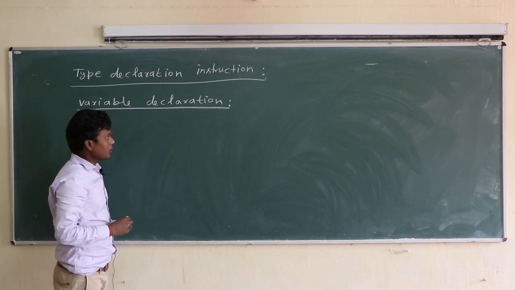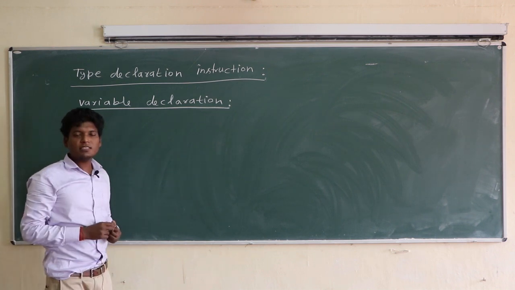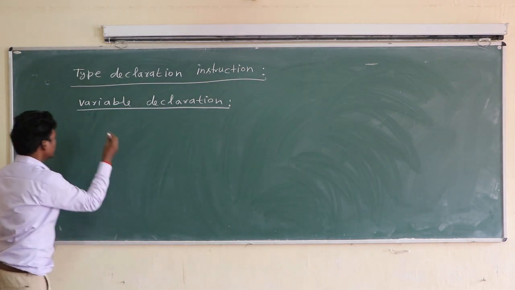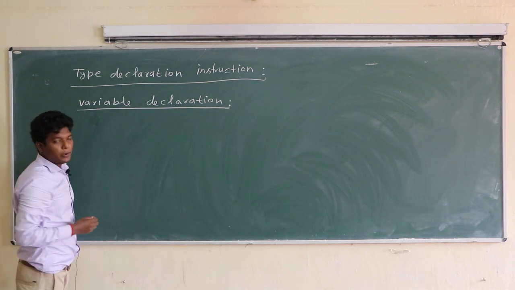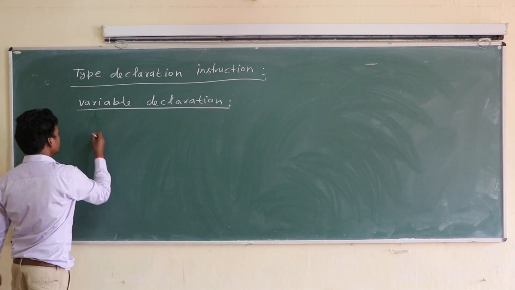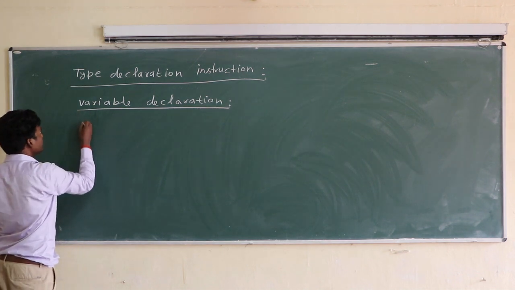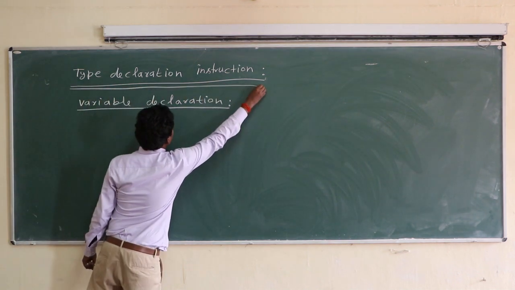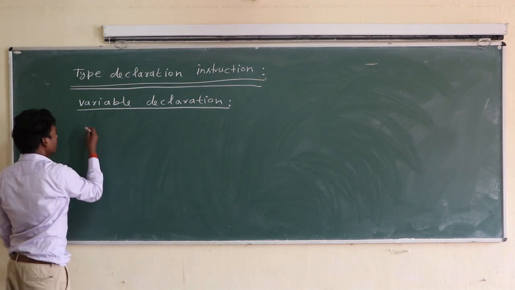How is a variable declared here? Here we should know how a variable is declared. Example, this is the major heading, this is the subheading.